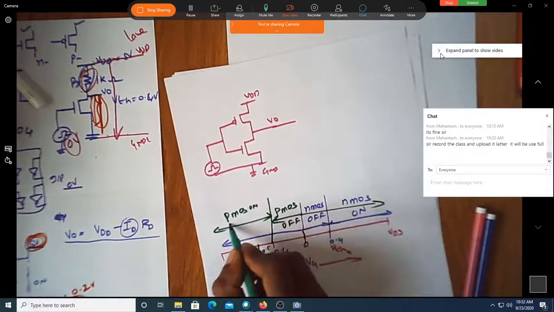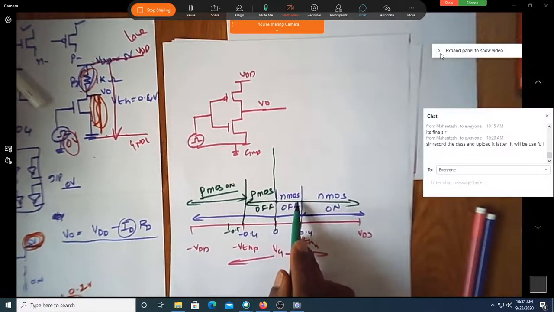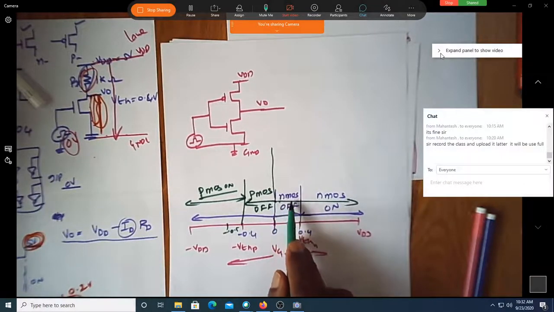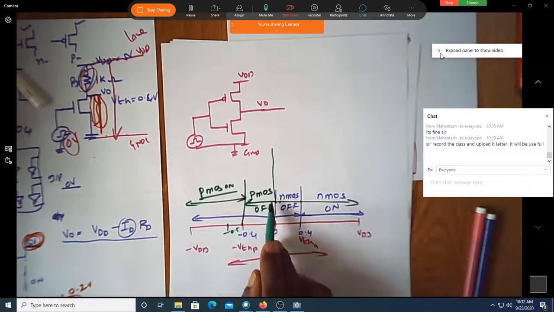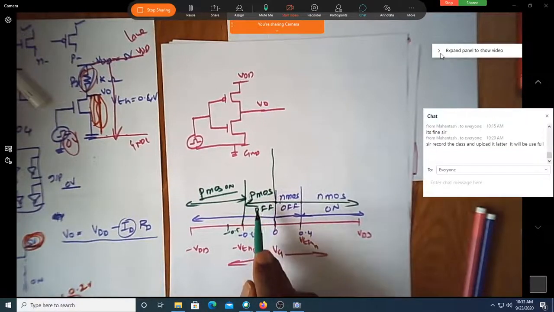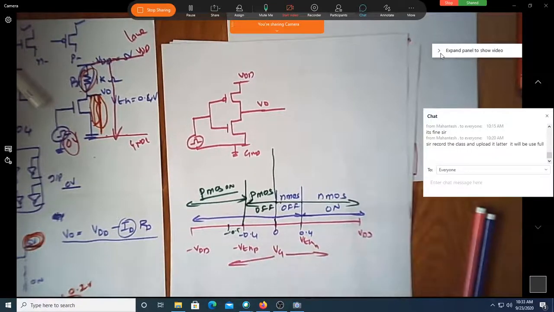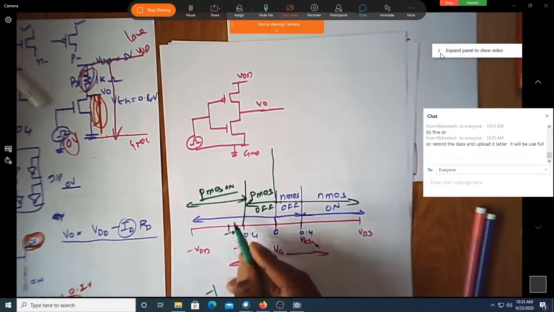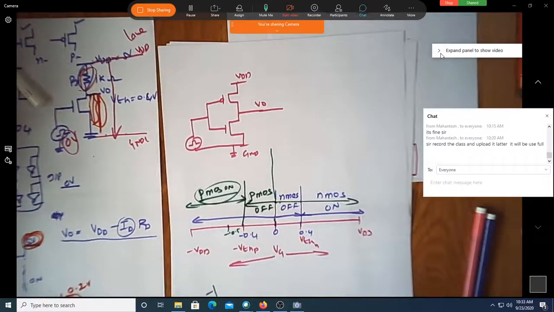This is the bifurcation of NMOS and PMOS. For positive voltages from 0 to threshold voltage, NMOS is off; beyond threshold voltage, NMOS is on. Any voltage between 0 and minus 0.4, PMOS is off; any voltage more negative than minus 0.4, like minus 1 or minus 1.2, the PMOSFET is on.